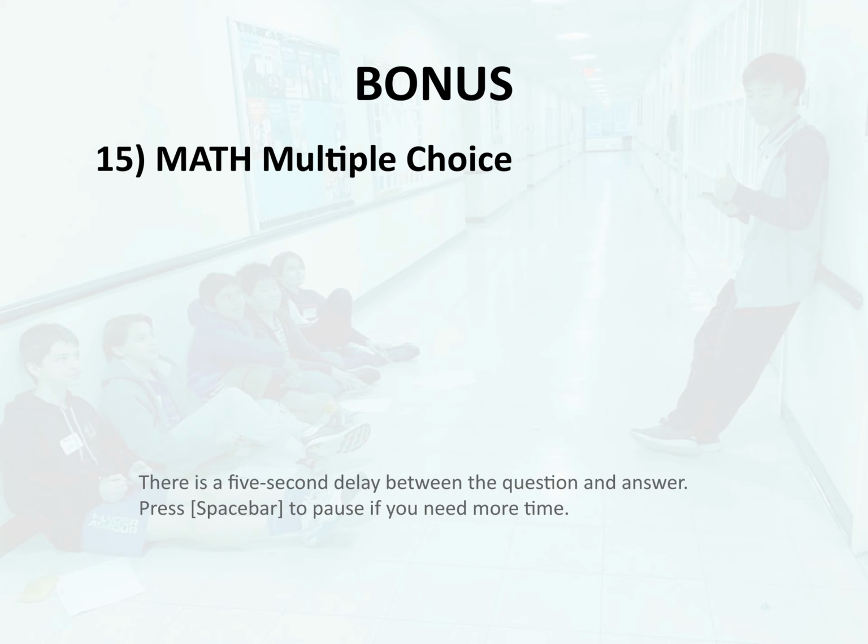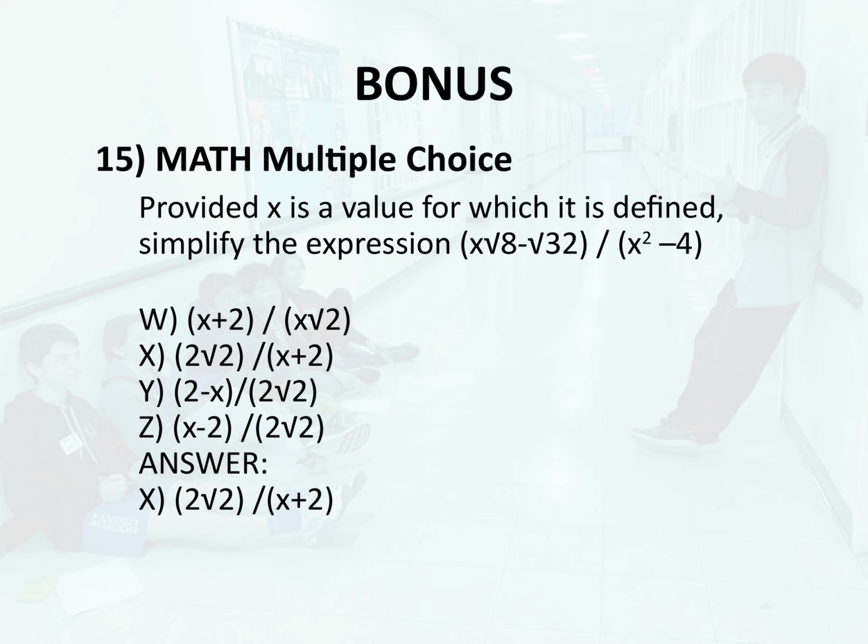X, the fraction with numerator 2 times the square root of 2, and denominator x plus 2. Y, the fraction with numerator 2 minus x, and denominator 2 times the square root of 2. Z, the fraction with numerator x minus 2, and denominator 2 times the square root of 2. Answer is X, the fraction with numerator 2 times the square root of 2, and denominator x plus 2.